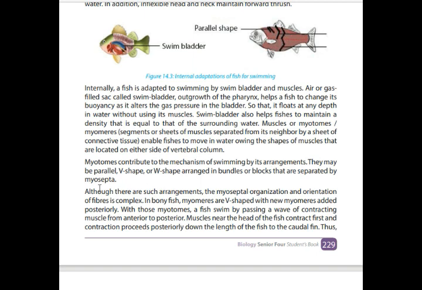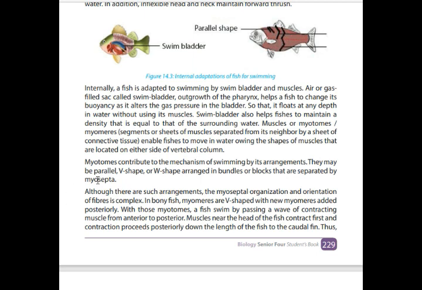Thus, a fish moves forward from the contraction and relaxation, antagonistically, of the myotomes on either side of the body. One side is contracting while the other is relaxing, taking place differently and facilitating the forward movement of the fish.